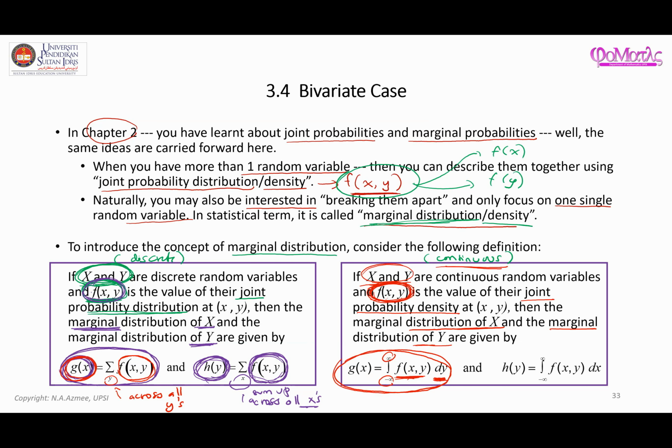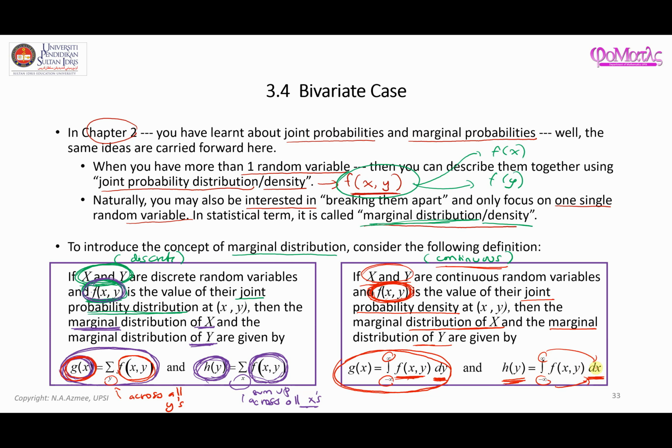In a similar manner, if you want to find the marginal distribution for y, you have to integrate the joint probability density with respect to x, and here are the limits associated with x.